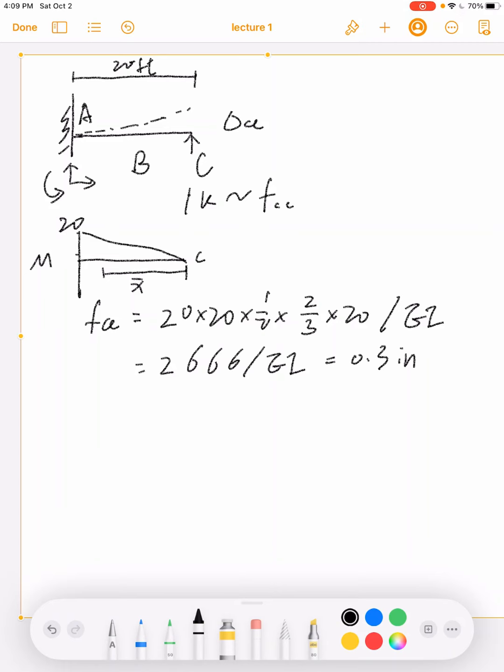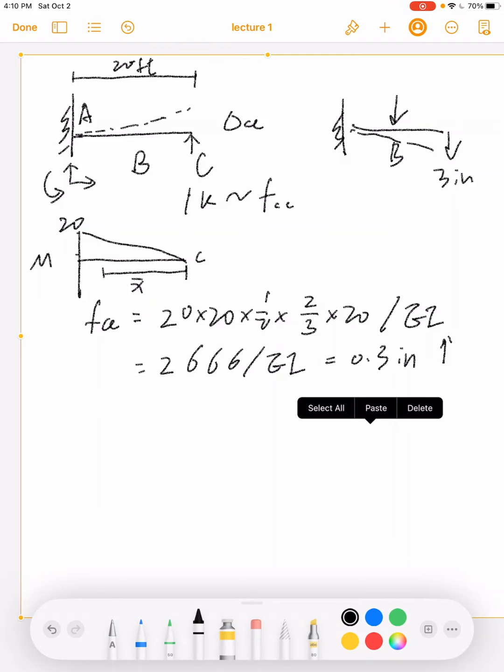So in this case, we will have 0.3 inch deflection upward for every unit load I apply at point C. Just now, we know that from the external force applied at point B, the downward deflection is 3 inches. So to reduce the deflection to 0 at point C, the force I'm going to apply should be 10 kips, right? If I apply 10 kips of force, that will be 3 inches deflection upward, then delta CC plus delta CO would be 0.